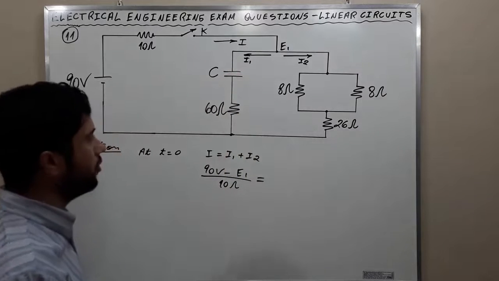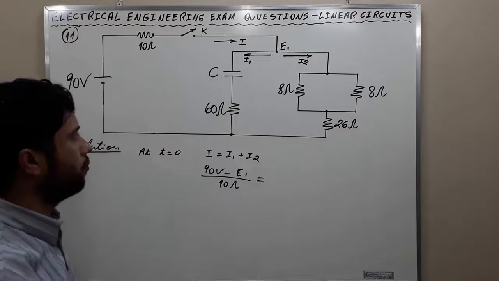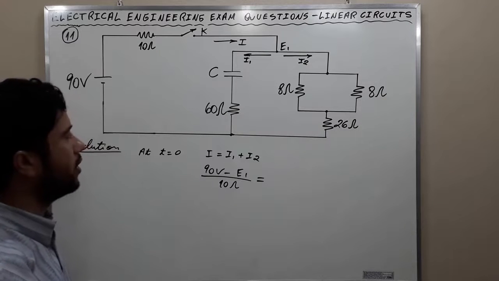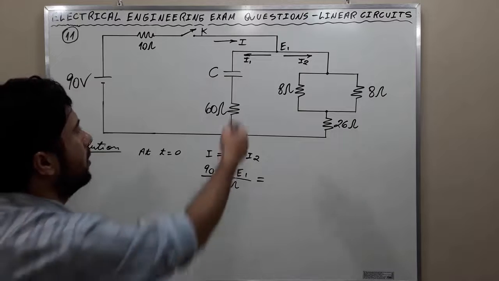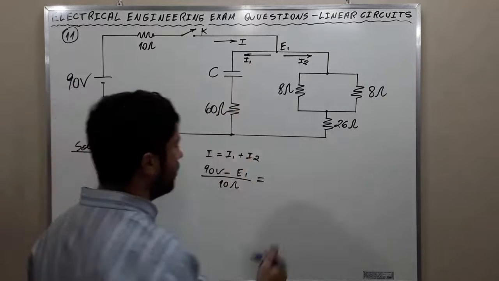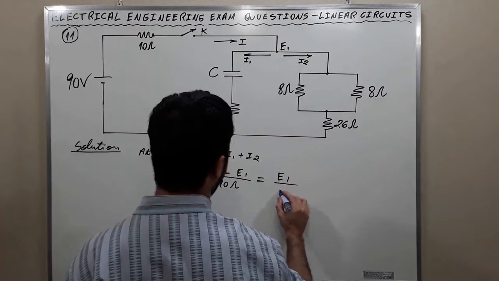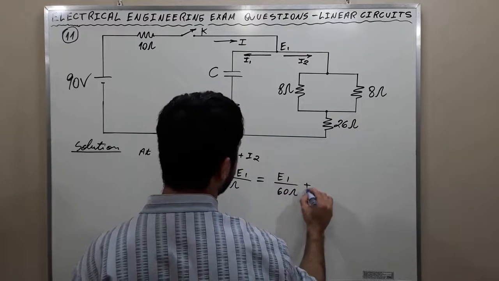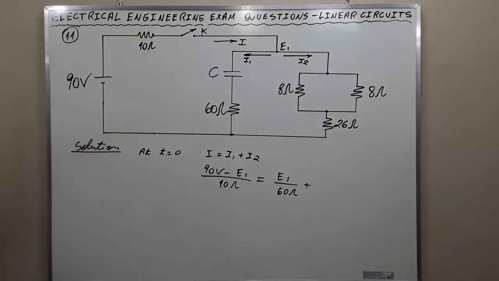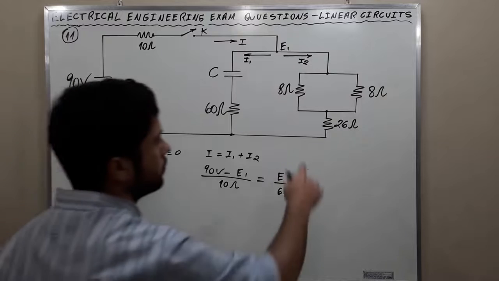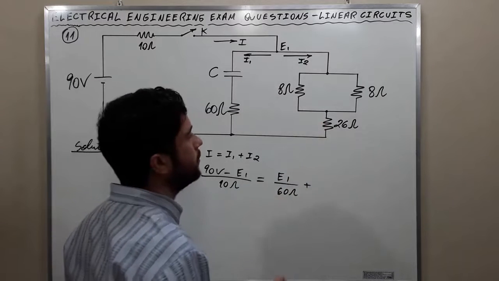As the capacitor is behaving as a short circuit, the current I1 is going to be E1 over 60 ohms. And the current I2 can be found by applying resistance reduction here.